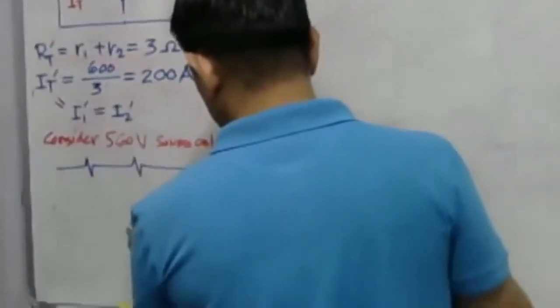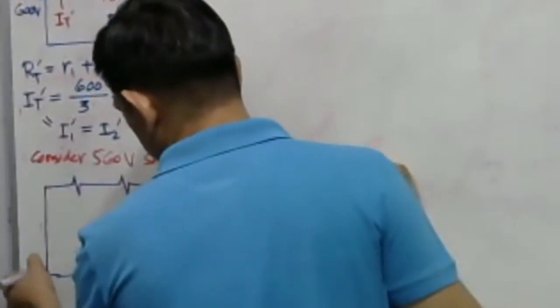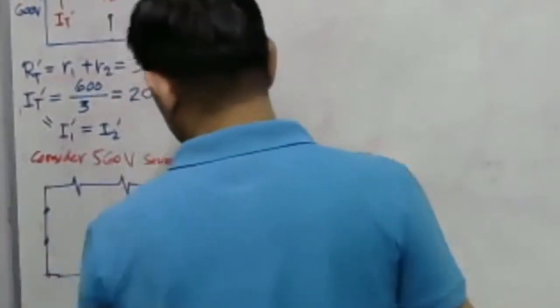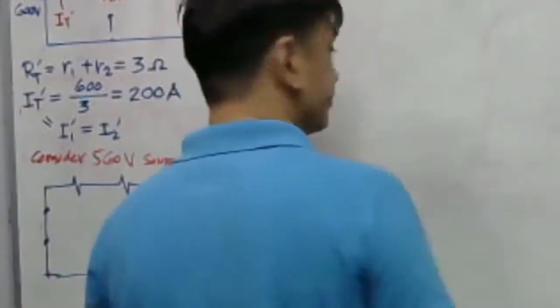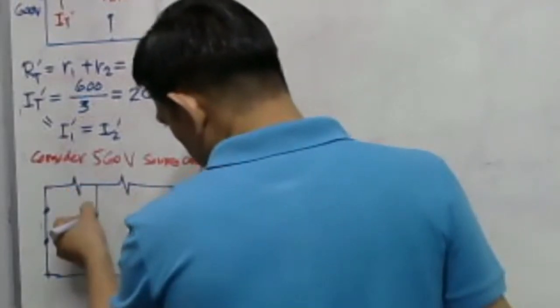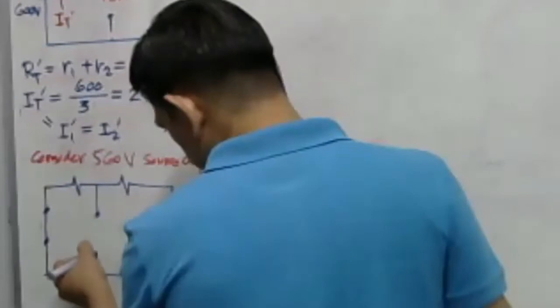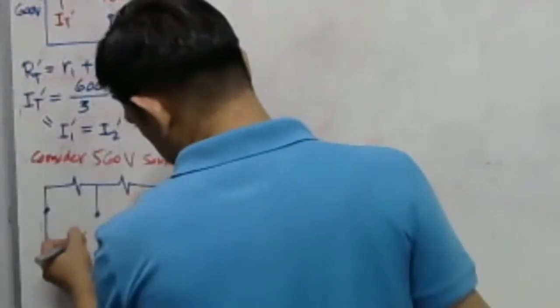Then, ito, positive, negative. Okay. This will be short-circuited. That is the two terminals of the 600 volt source. This will be our 560 volt source. Again, our current source must be open-circuited. Just the same, that must be open.